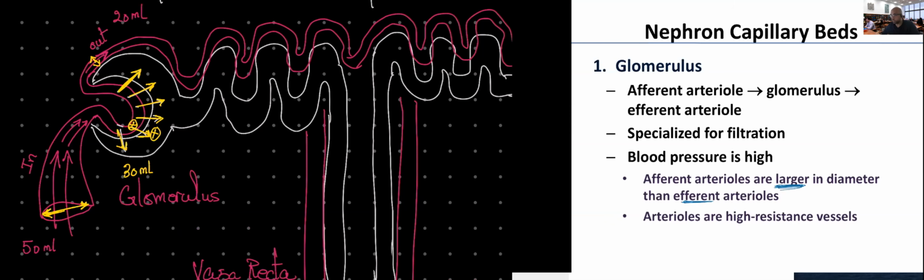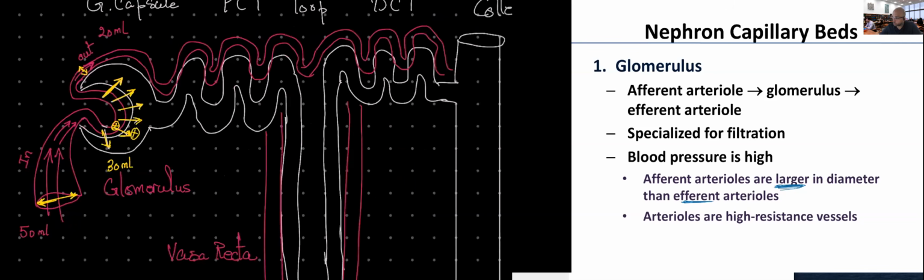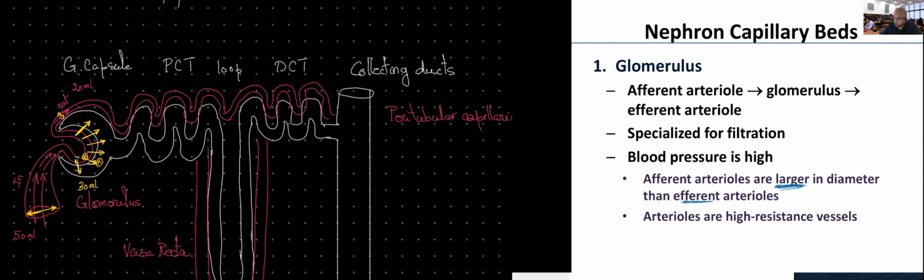The second factor is that I'm connected to arterioles. And if you remember, the other name for arterioles is resistance vessels. Those are vessels that will create a high resistance. And high resistance means high pressure.